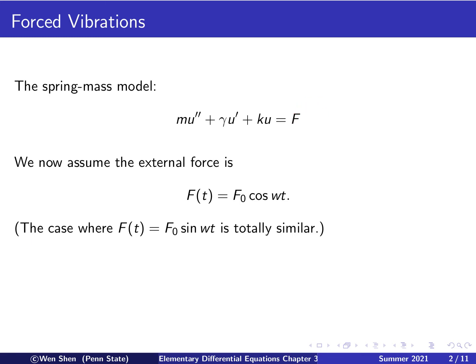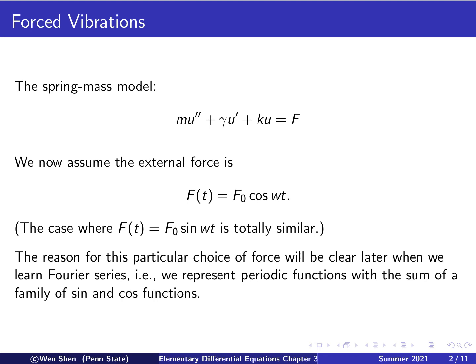So we put a remark here: the case where you have a sine function is totally similar, and we'll skip it. If you're interested, you can go through it after you have learned how to deal with cosine, put a sine in, and see that it comes out with totally similar results.